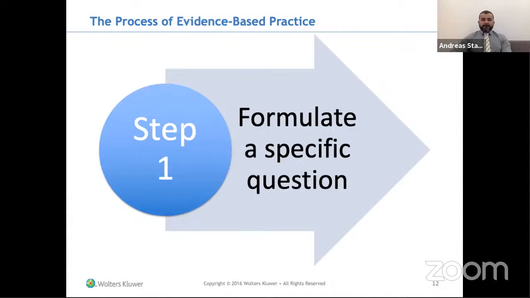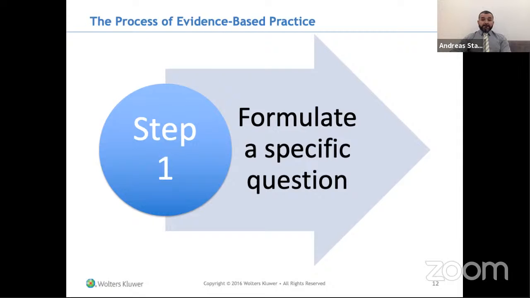What I want to make you understand here is the process. So the process of evidence-based practice, and this is what I want to say, the history part, you can read it by yourself. So first of all, again, the formulation of the specific question is really important.